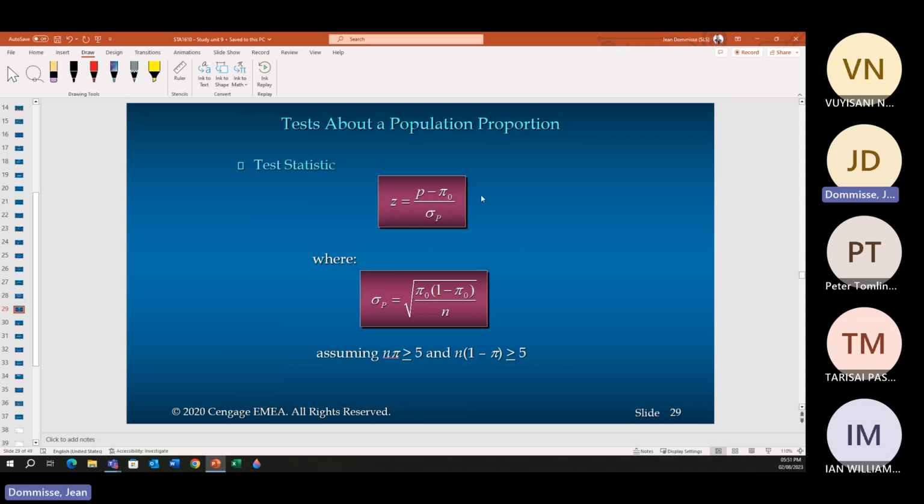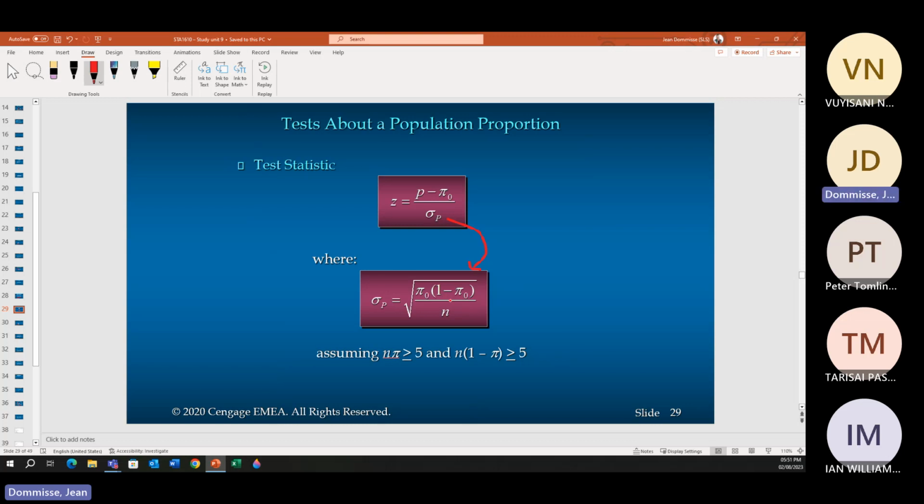Then again from way back, chapters 6 and 7, how we're going to work it out. We've got the proportion. They will give us what we're going to test it against. And this was just again the shortcut, but you will remember that formula as well from chapter 7.